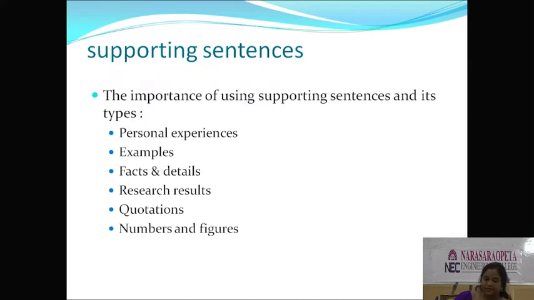The supporting sentences are nothing but making your paragraph more beautiful. You use personal experiences, examples, facts and details, research results, quotations, numbers and figures. I hope you're getting a good idea on paragraph writing.